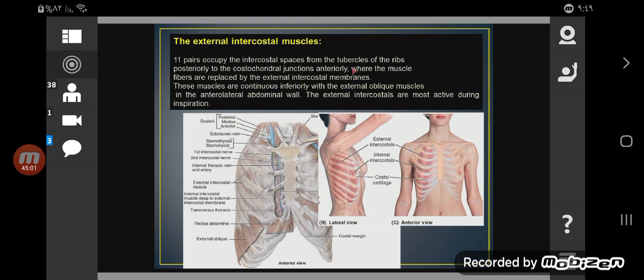Where? At the level of the tubercle of the rib. And the direction of the muscular fibers is anteroinferiorly. At the costochondral junction, the muscular fibers of this muscle finish.